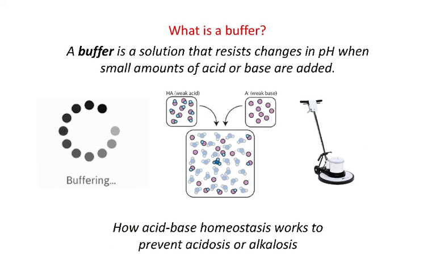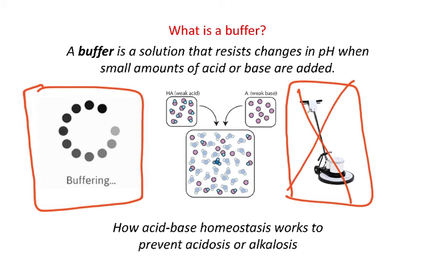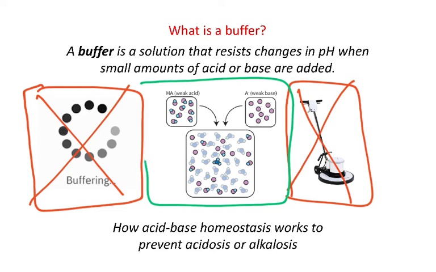And what is a buffer? Not this, nor this. Well, yes, but not in this context. A buffer is, in chemistry, a mixture of a weak acid and its conjugate base in approximately equal proportions.